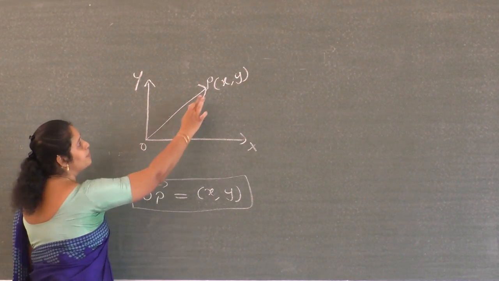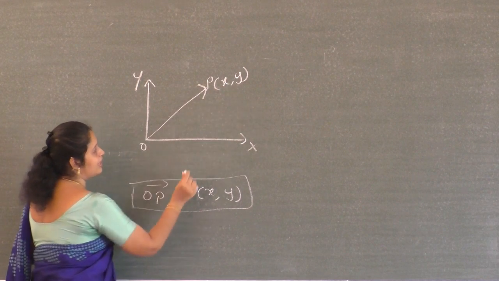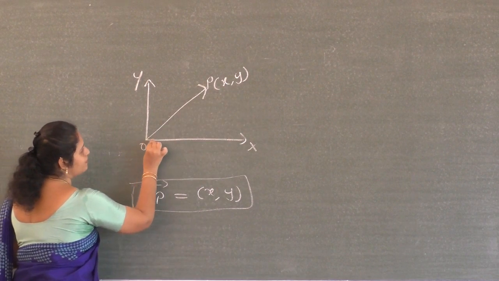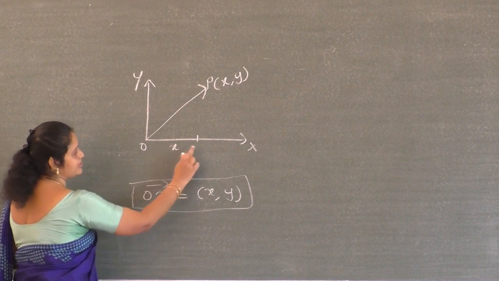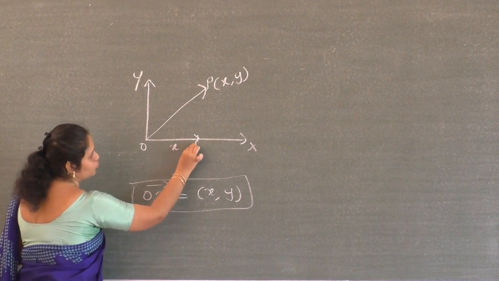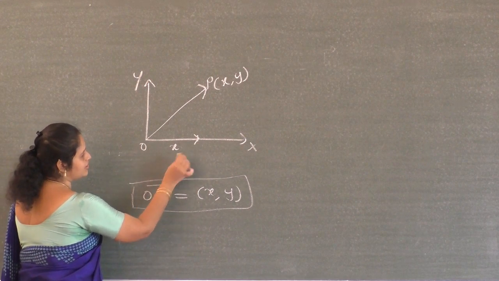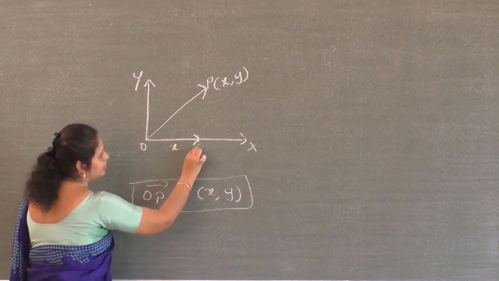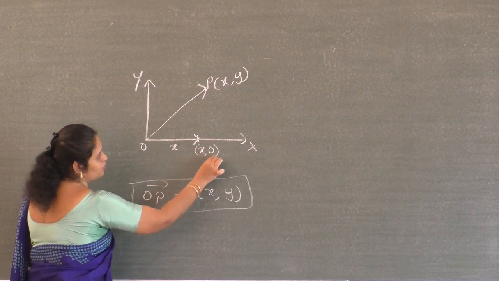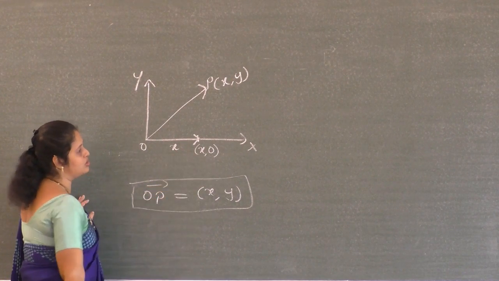Now here, P x comma y means we move x distance in the x axis. Therefore I can write one vector here. So x distance, this vector is called x comma 0. This is a point on the x axis, you know that the y coordinate is equal to 0.